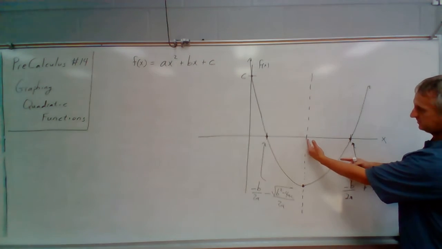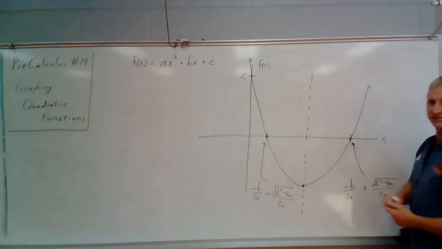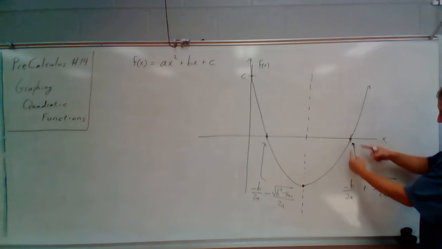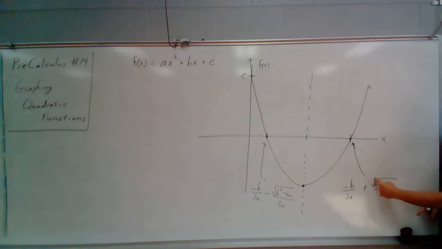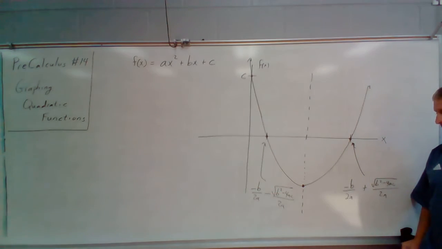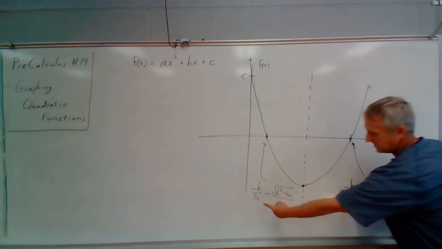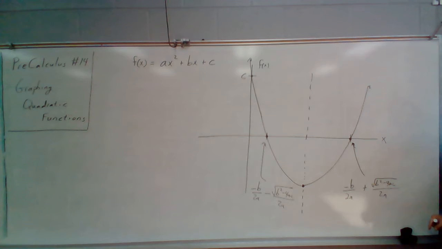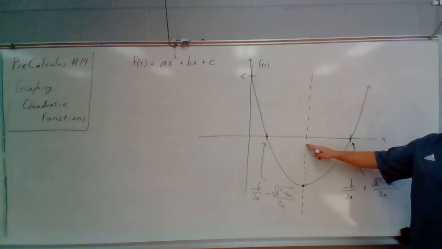The x-coordinate has to be exactly in between the two roots because the parabola is symmetrical around that. So this root is negative b over 2a plus some mess. This root is negative b over 2a minus that same mess. So what's this number right here?